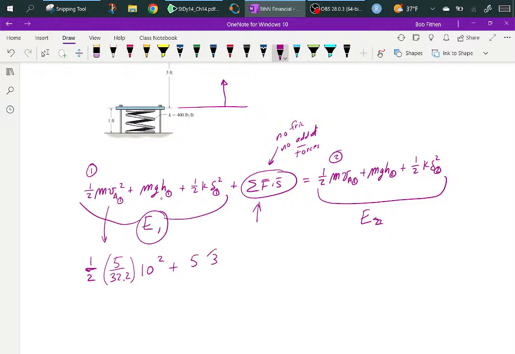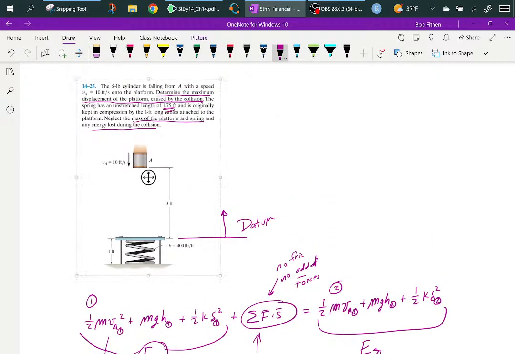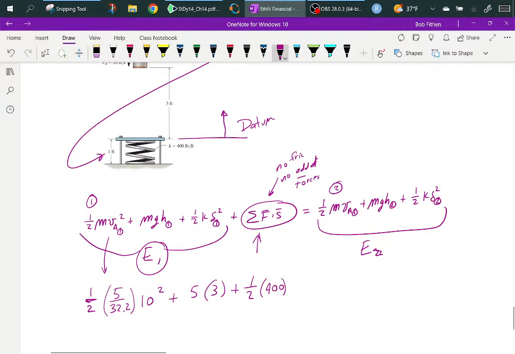H is 3 feet because I picked my datum right there. And then the initial compression of the spring happens to be, it's unstretched at 1.75. So this means it is 0.75 squared already stretched. So there's already energy in that spring.